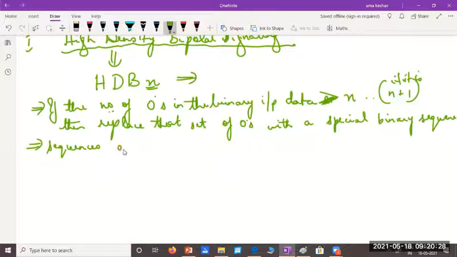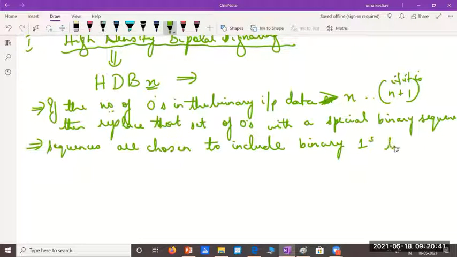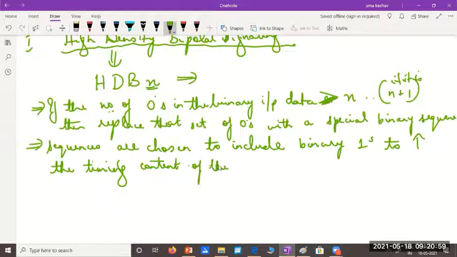Sequences are chosen to include, let's say, binary ones, so as to increase the timing content of the signal.